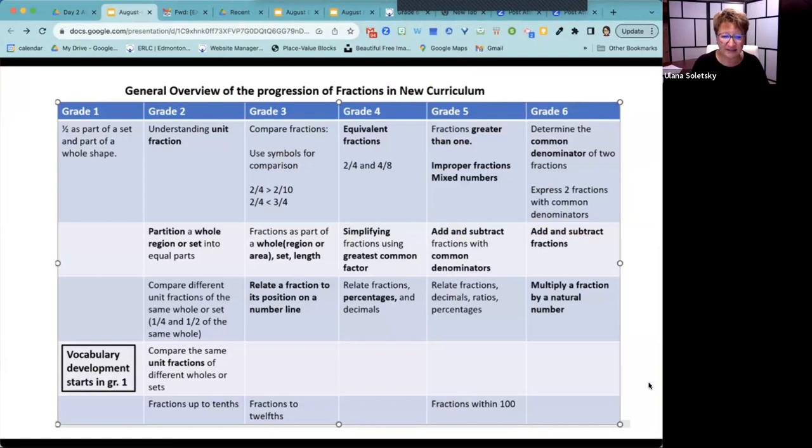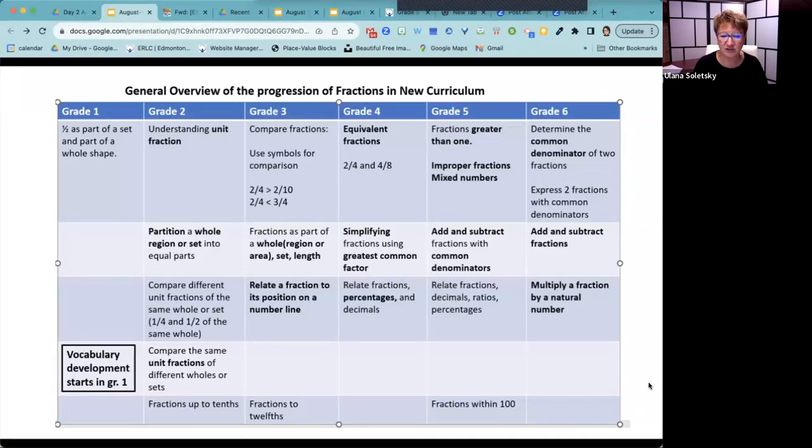In grade 4, we simplify fractions. And in grade 5, we start to add and subtract fractions with a common denominator. And in grade 6, we add and subtract fractions. Now, I've got to tell you, if we're using manipulatives, those topics become so easy to do. And then we also start doing fractions, percents, and decimals in grade 4.